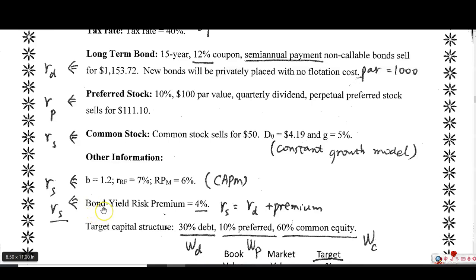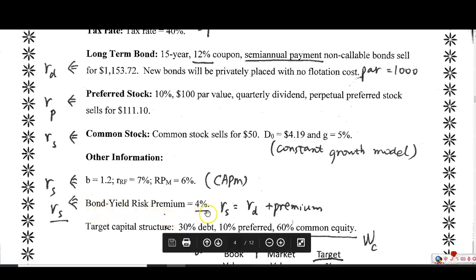We also know that the bond yield risk premium is 4%. This is a new concept here. Bond yield risk premium is the difference between the stock yield and the bond yield of the same firm. So we can use the cost of debt plus this premium to get the cost of common equity.